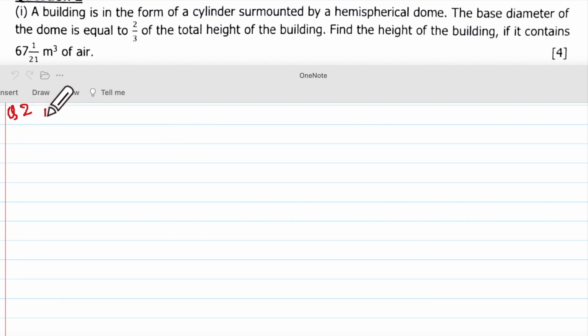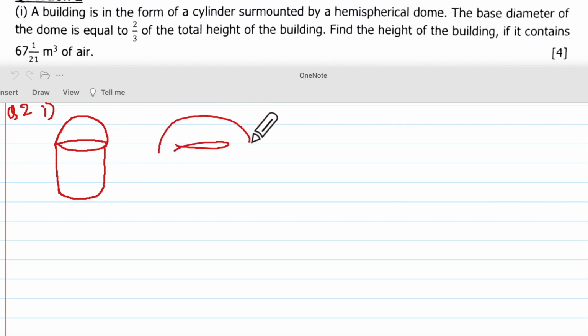So question 2, in the first part, building is in the form of a cylinder and surmounted by a hemispherical dome, means it will be like this. Some people showed the cylinder like this and the dome was outside. Looks like a mushroom, right?